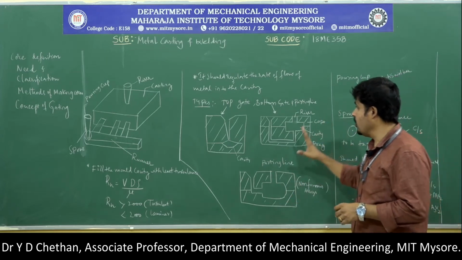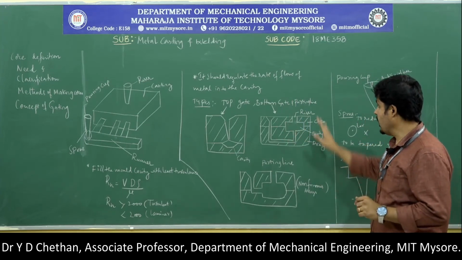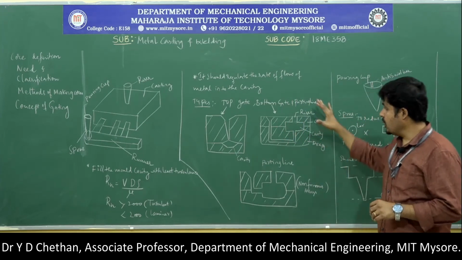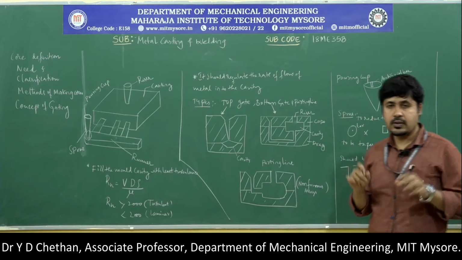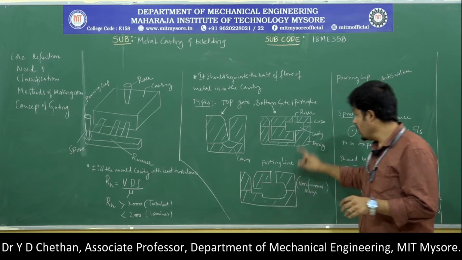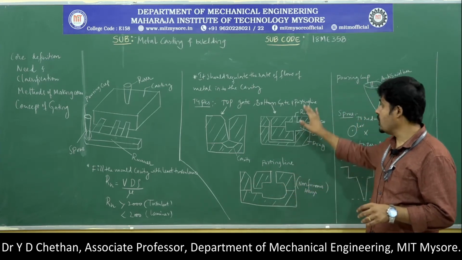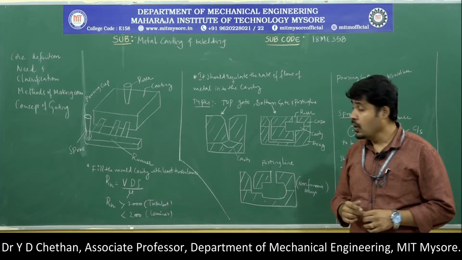The next one is the parting line. Parting line in the sense that the gating system is situated at the junction between the cope and drag boxes. That is the concept of the parting line gating system.